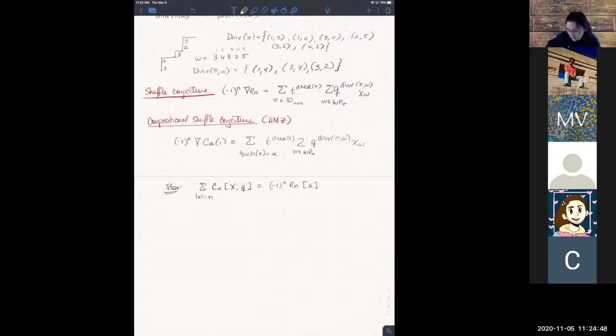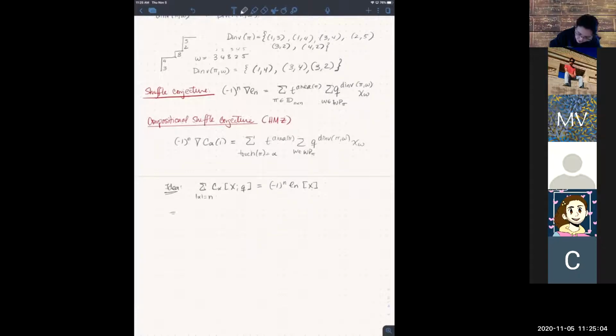So these C alphas are certain series defined in terms of two parameters, X and Q. And somehow when you sum over all compositions of size n, you recover the nth elementary symmetric function, which is a crazy identity.